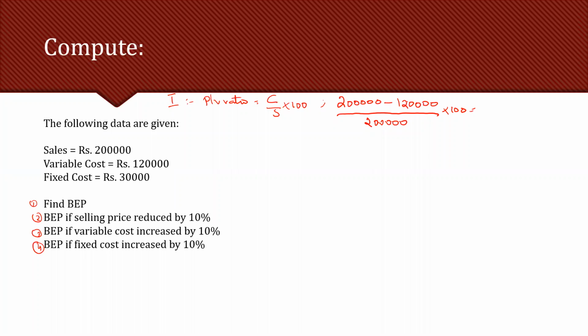So 2 lakh minus 1,20,000, 80,000 divided by 2 lakh into 100. 40%, right? Everyone got 40% as the PV ratio in the first case.